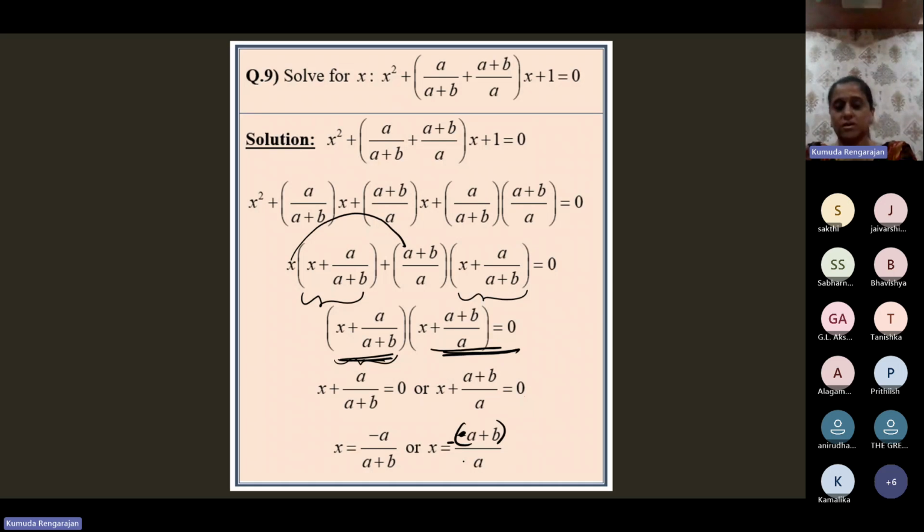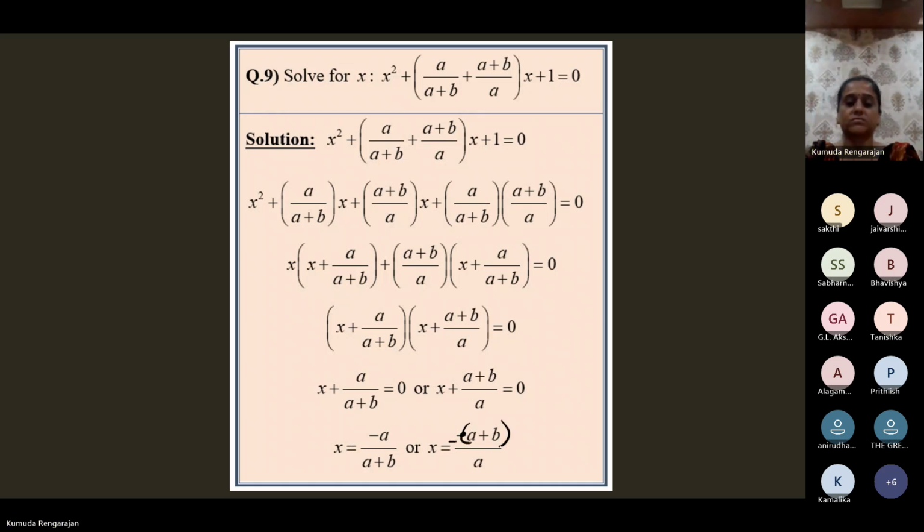Plus a plus b by a will go to the other side as minus a plus b by a. When you transpose this one, it will be minus a plus b by a. You can also open the bracket and write minus a minus b by a.